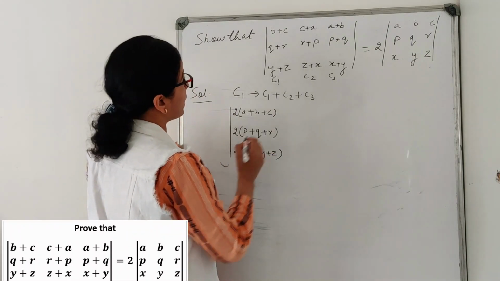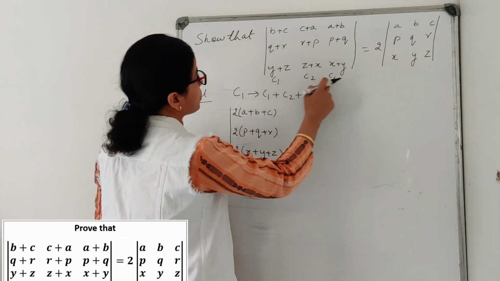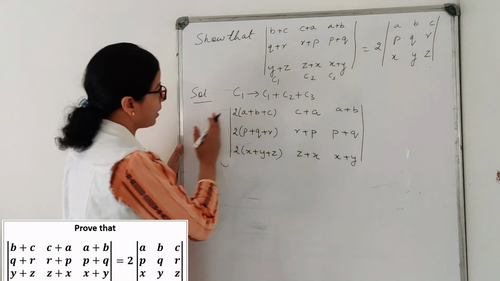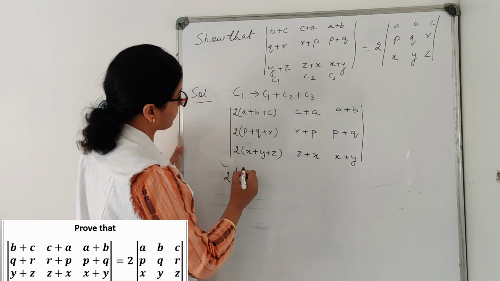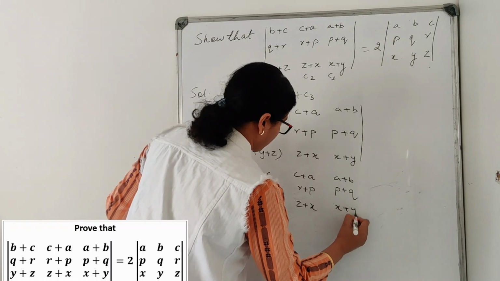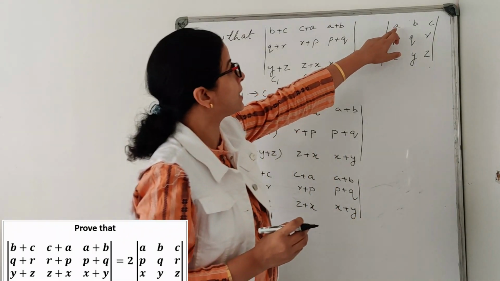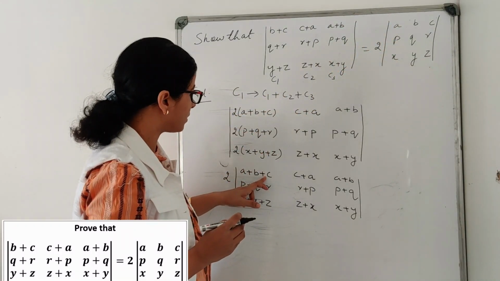Is that clear? Now since here is the change only in C1, so C2 and C3 will be copied as it is. Okay, now I will take out 2 common. Okay, now check on the right hand side, I need a, right? And here I have a plus b plus c.